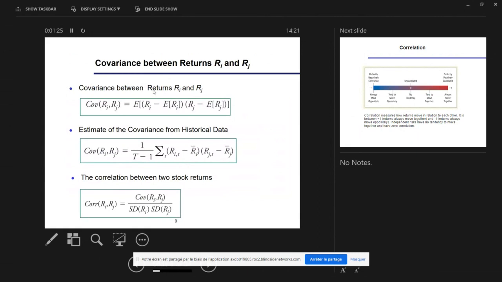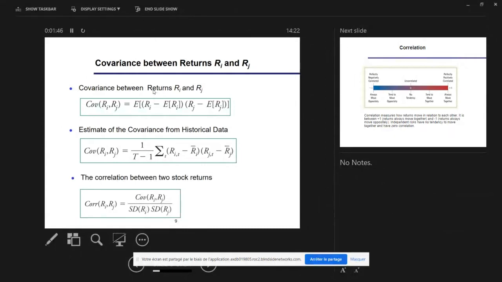The correlation is equal to the covariance of RI and RJ divided by the product of their standard deviations. If you want to highlight a formula, this is one you should know by heart.